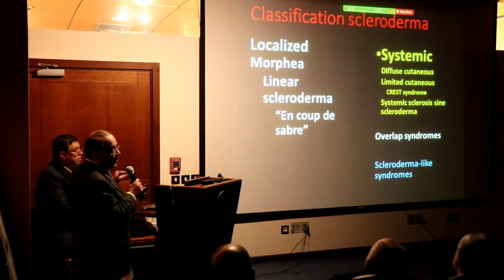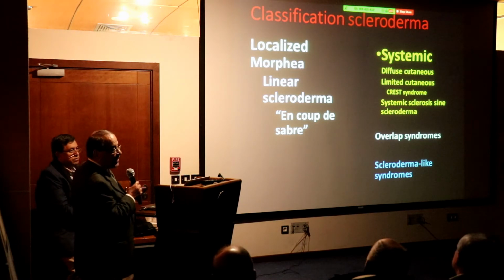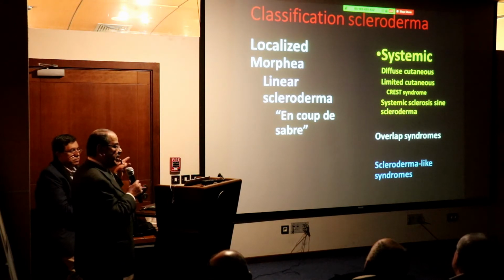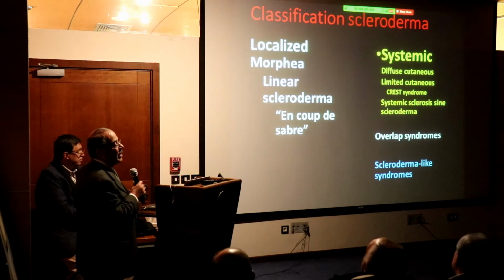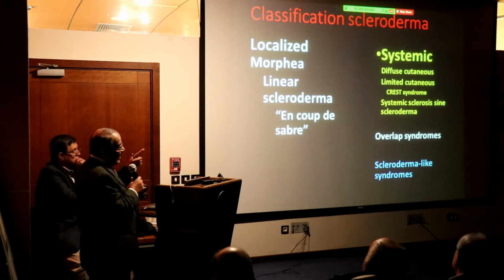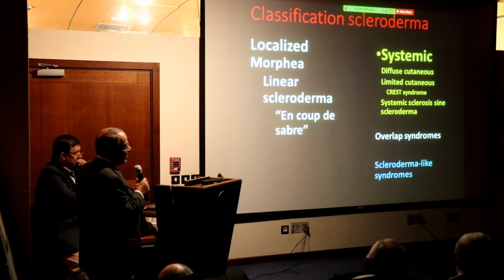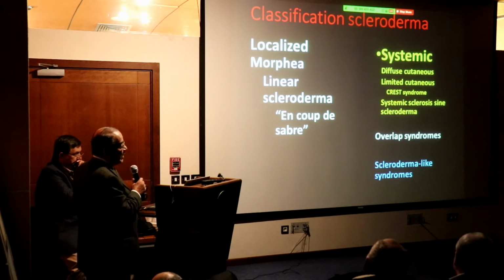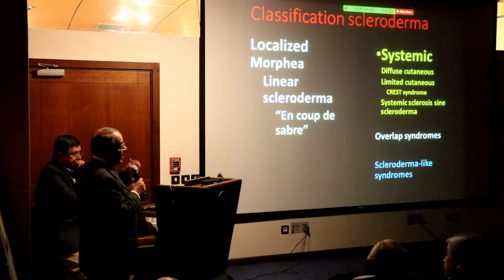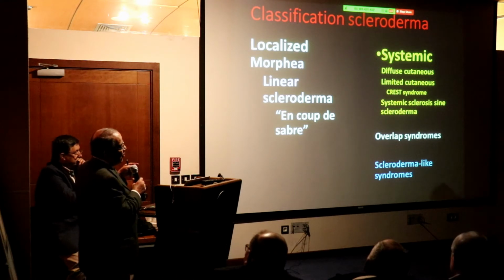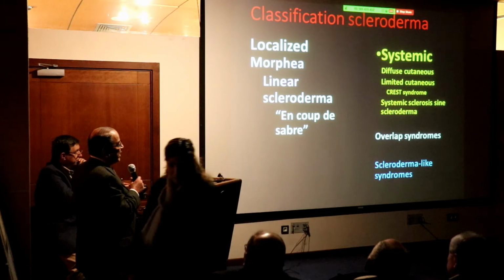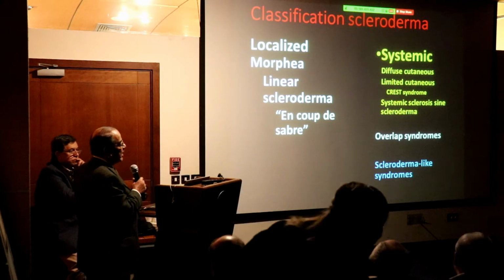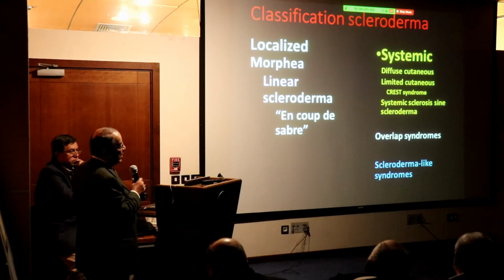About scleroderma, it is either localized or systemic. Localized is linear scleroderma and morphea. Usually, these patients present to the dermatology clinic. The systemic is diffuse cutaneous and limited cutaneous, and the well-known one, which they usually ask about in the exam for the residents, is CREST syndrome: calcinosis, Raynaud's phenomenon, esophageal hypomotility, and telangiectasia.